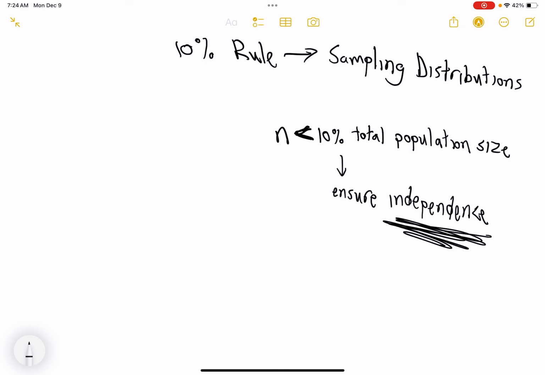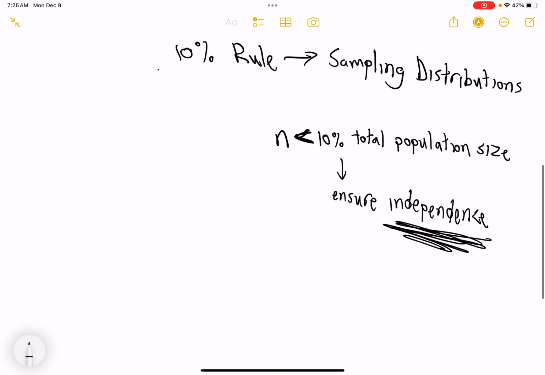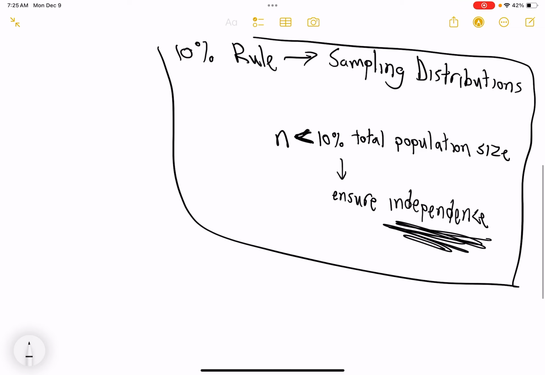Independence allows for dependent elements, things that we can't control for, to not come into play. So no other interrelationships between our variables or our measurements that could cause us to have to do extra calculations. Okay, so that is the 10% rule. Know it, live it, love it, and know that it applies to means and proportions.